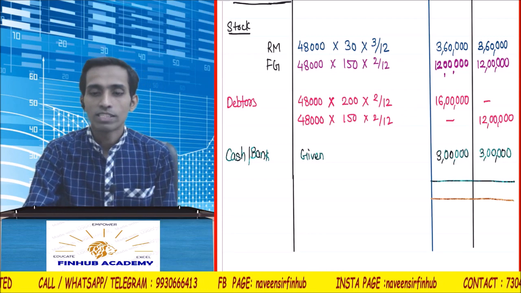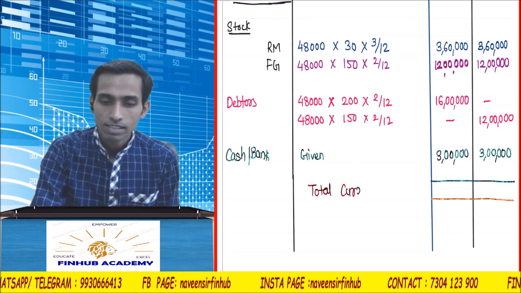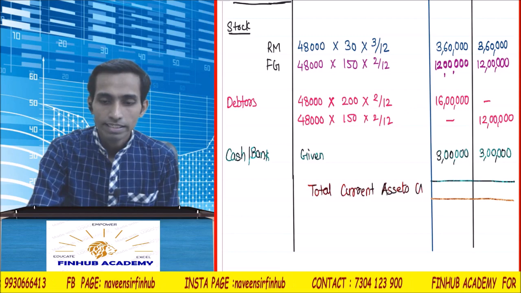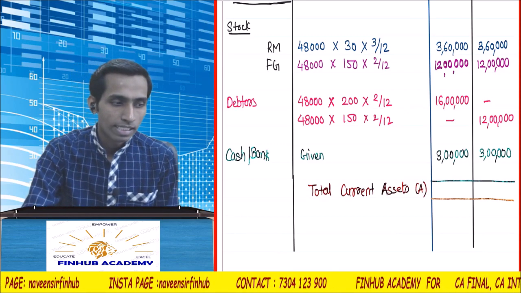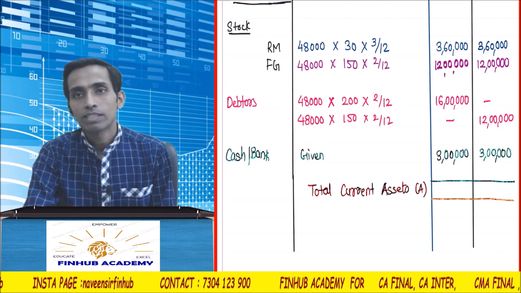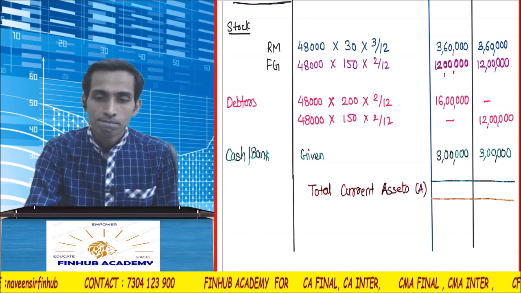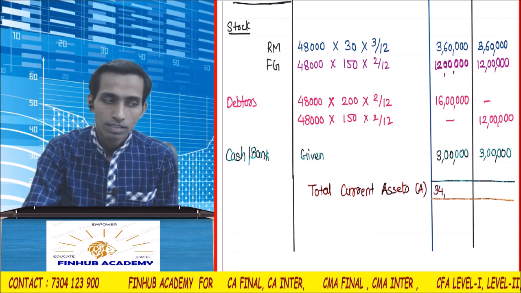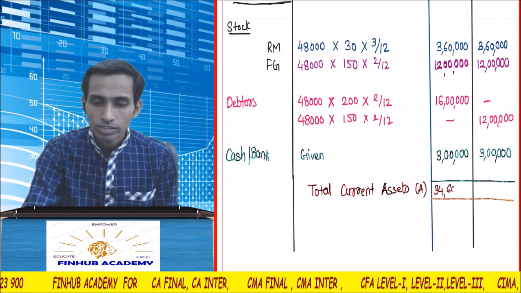Okay. So what is the total? Total current assets. A is what? 3 lakh 60, 15 lakh 60. 20 lakh 20,000. No, that is not the figure. How it can be 20 lakh? 34 lakh 60,000.